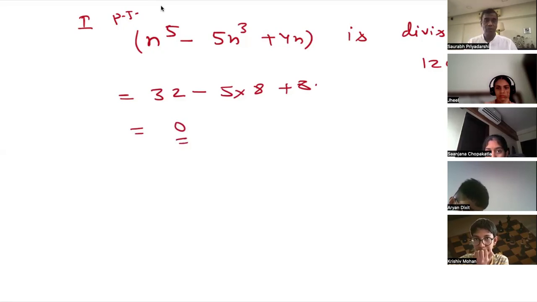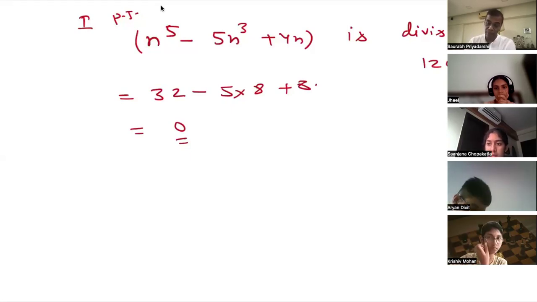But maybe there would be a problem for 3, 4, 5 or some other numbers. So we can't say after putting the numbers 1 or 2 that this is always divisible. Now we have to apply something where I can say that 100% this number will be divisible by 120.